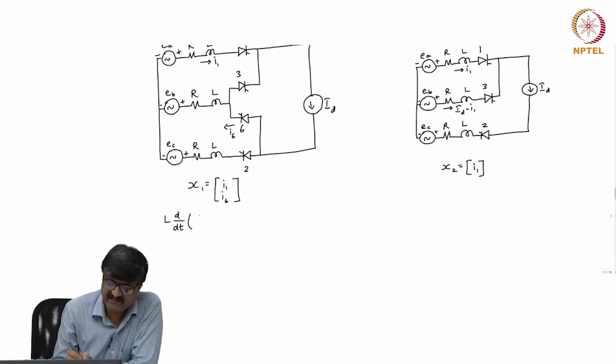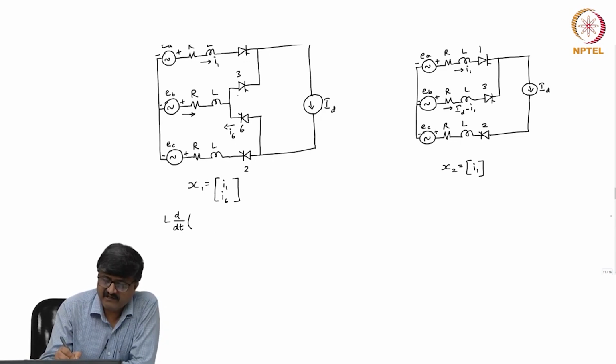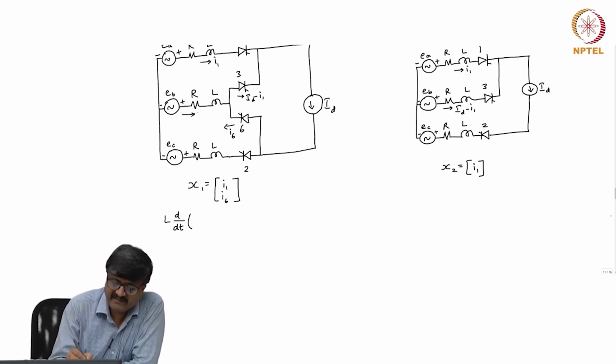L d by dt of, so I can also show what this current is. Of course, the current through valve 3 is I d minus I 1. The current through valve 6 is I 6. So, from that I get the current through E B as I d minus I 1 minus I 6.